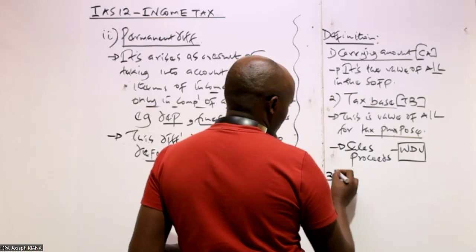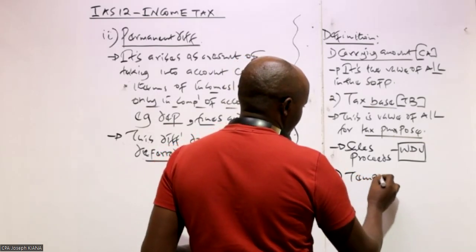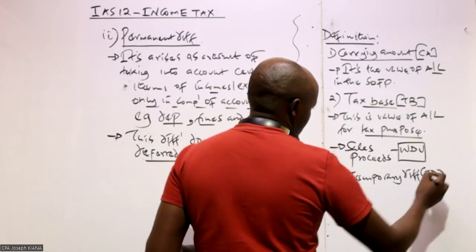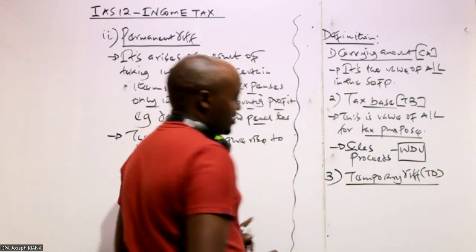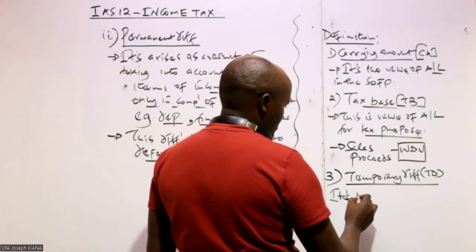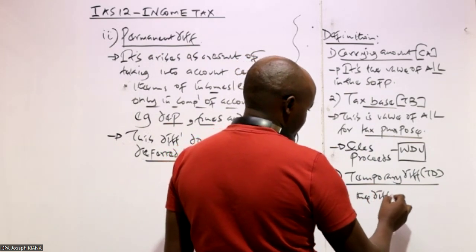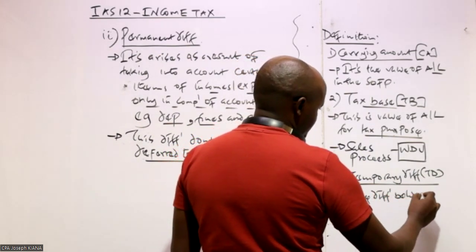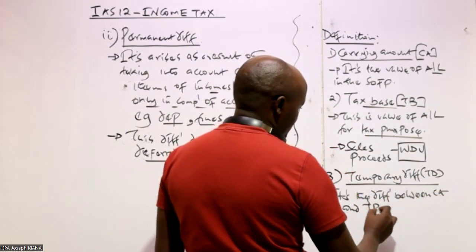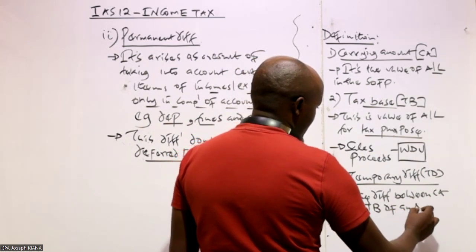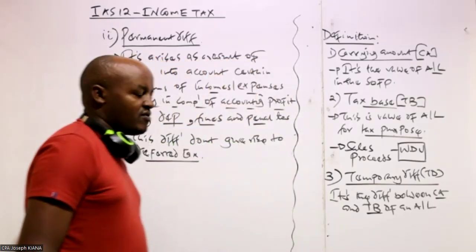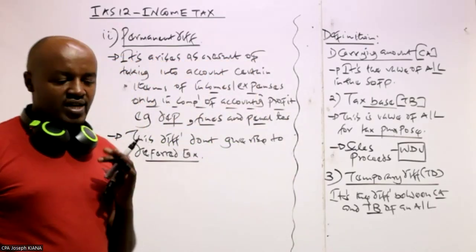The other term we also need to define here is the temporary difference, abbreviated as TD. And temporary difference is the difference between carrying amount and tax base of an asset or liability.